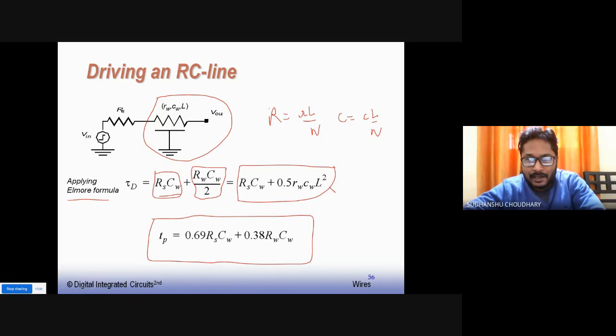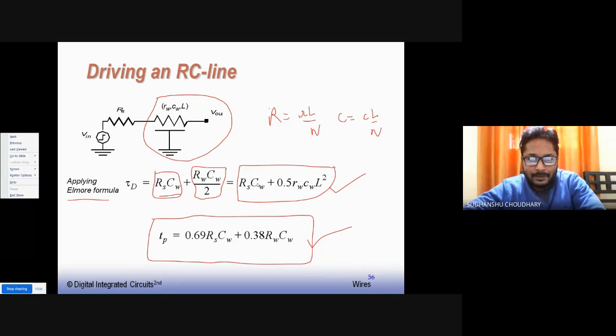One is using the Elmore delay, and one is using both lumped and distributed approaches. So, yeah, here both lumped and distributed approaches can be applied, which gives me this result. And when you apply only Elmore delay model, then you get this delay, right? So two delays can be arrived at.